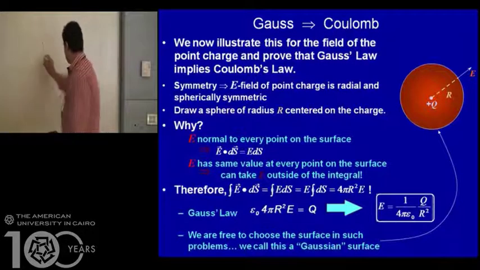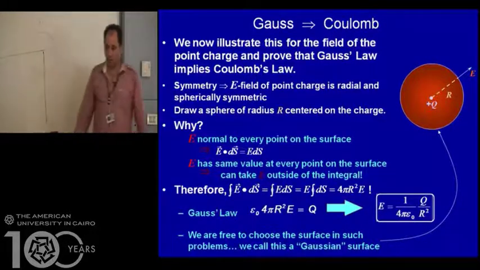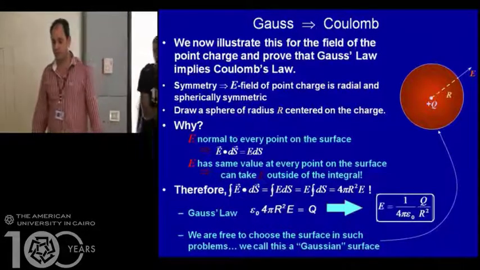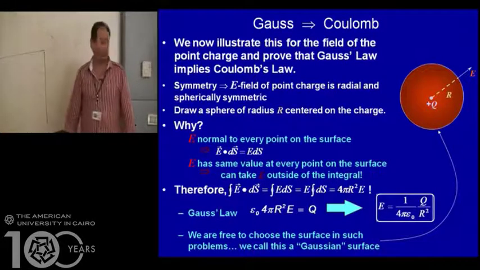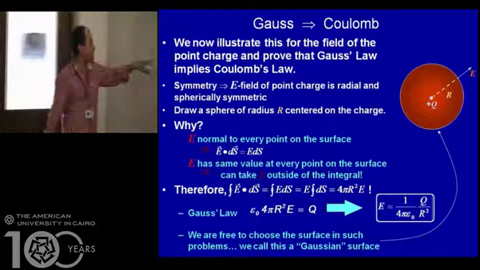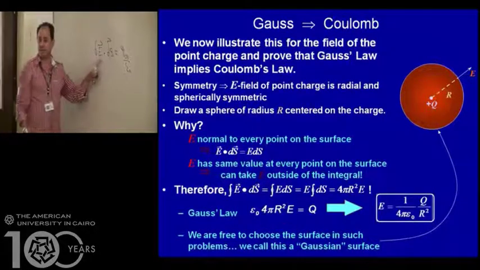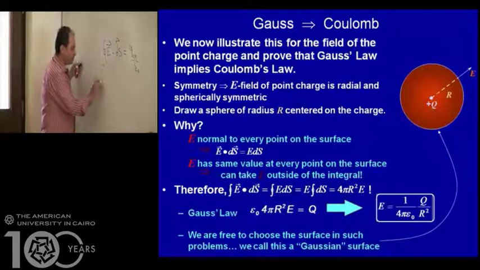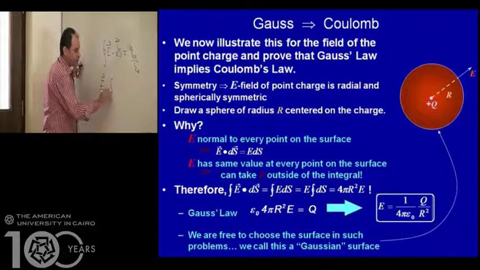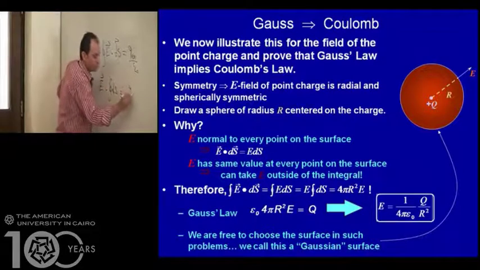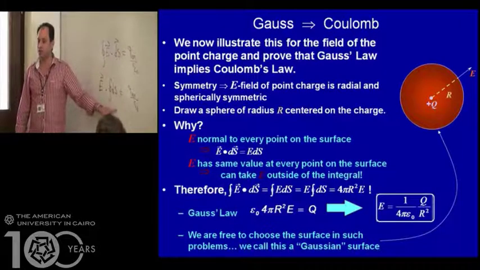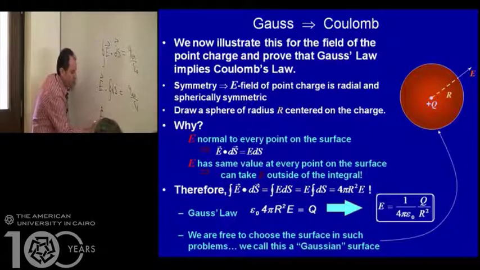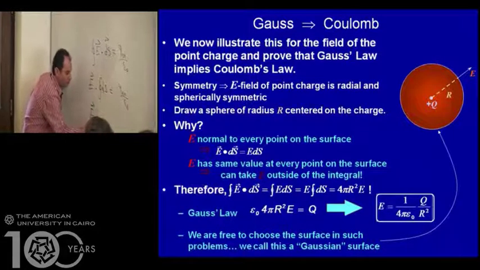This is R, this is R, this is R. So the electric field on the sphere is constant, and therefore the electric field comes out of the integration. We end up having E times the integration over the closed surface of ds equal to Q enclosed divided by epsilon 0. What is the integration of ds for a sphere? It's the surface area of the sphere. So that's going to be E times the surface area of the sphere.